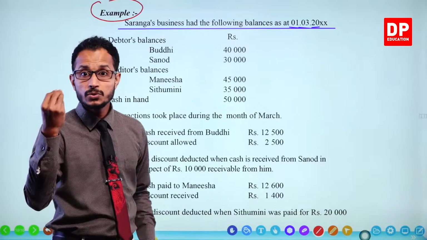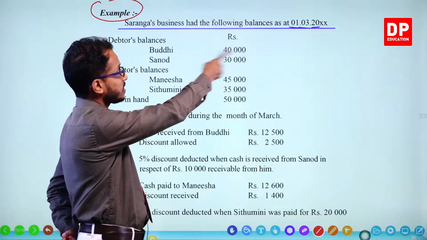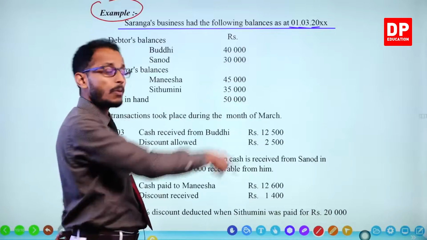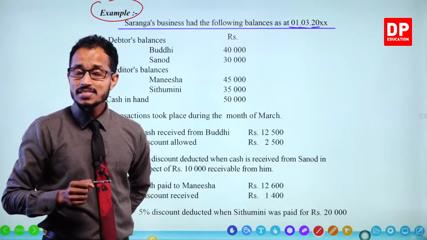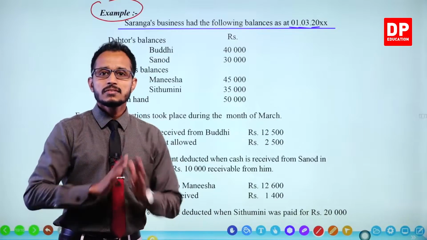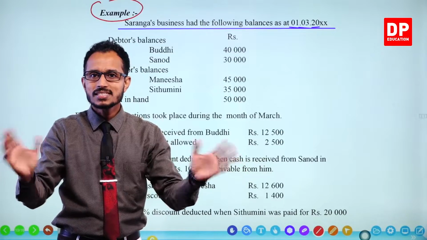I have told you, when balances are given in this manner, in a question, these are opening balances. Opening balances exist in a business which is already running.